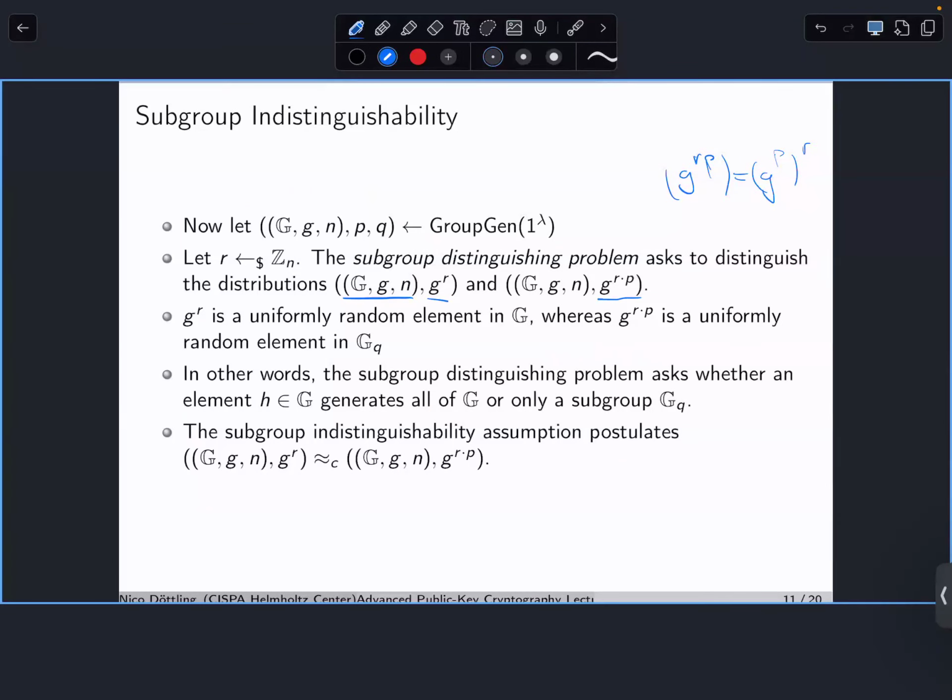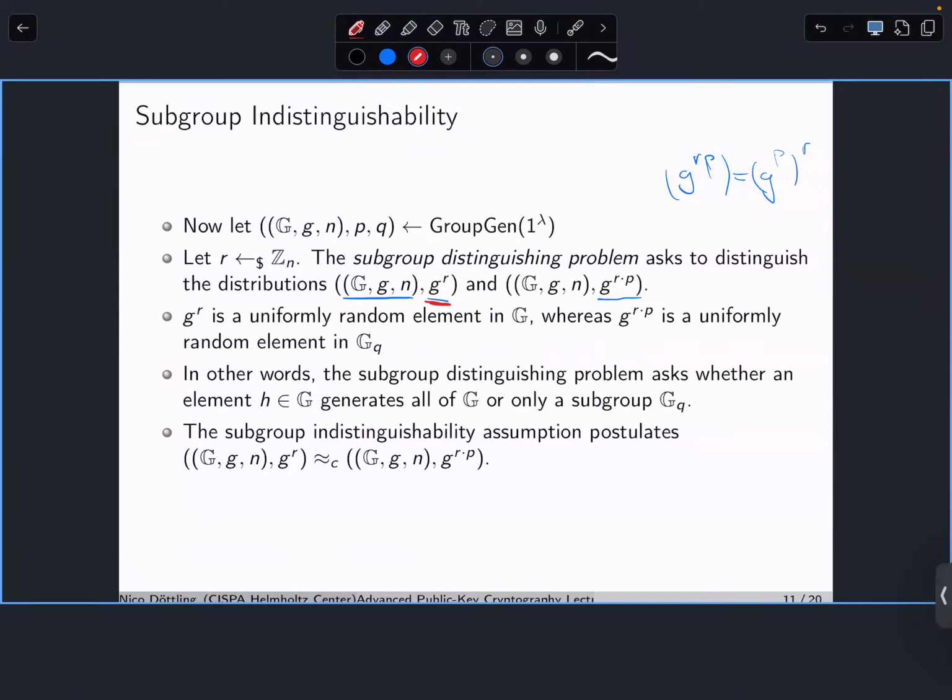Now, we need a group generator. I've introduced this earlier. And now what are we going to do? The subgroup distinguishing problem asks to distinguish the following two distributions. I always give you the group G, a generator g, and the order n of this group. And now on the left-hand side, I'm giving you g to the r. So g generates the entire group of order n, which is P times Q, right?